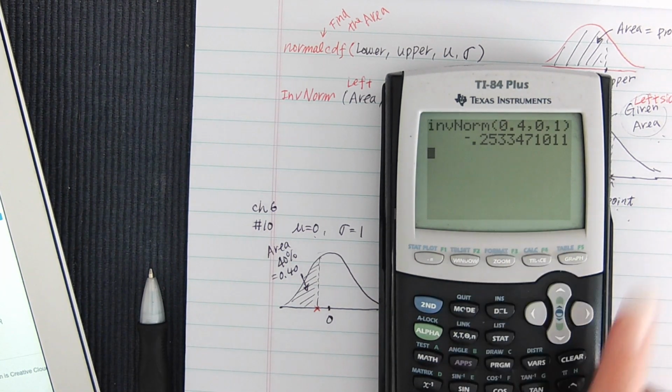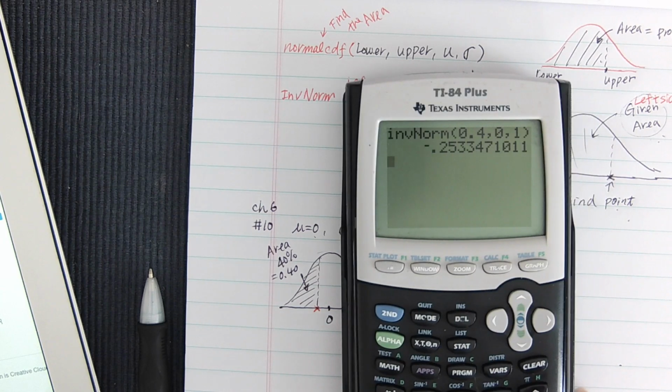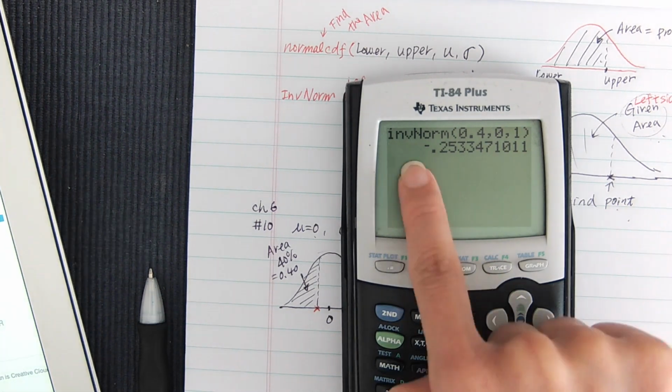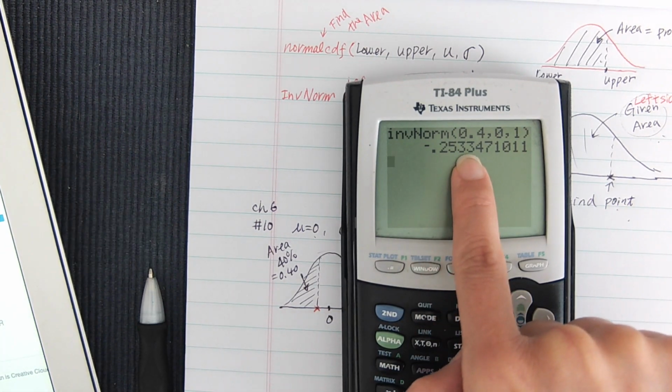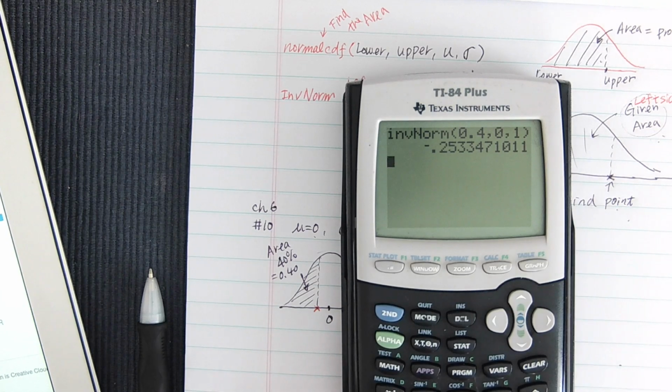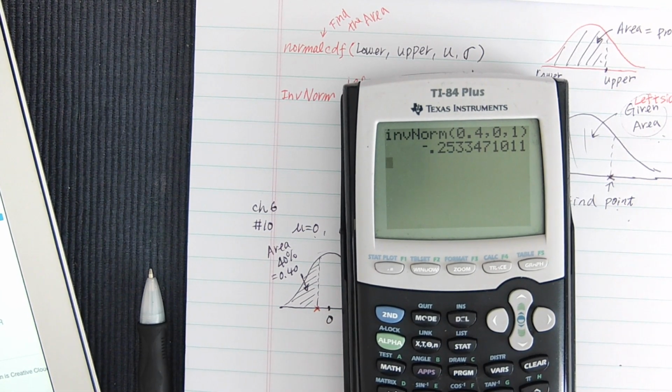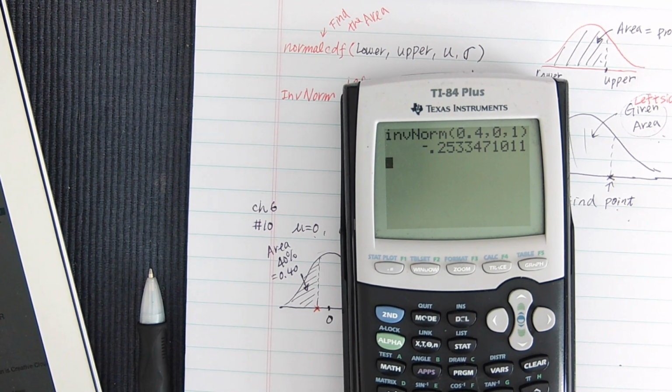That's it. So here's the answer. Are you okay so far? Negative 0.25333. That's the answer. I can see it's going to be a negative number because the center is 0. Are you okay here?